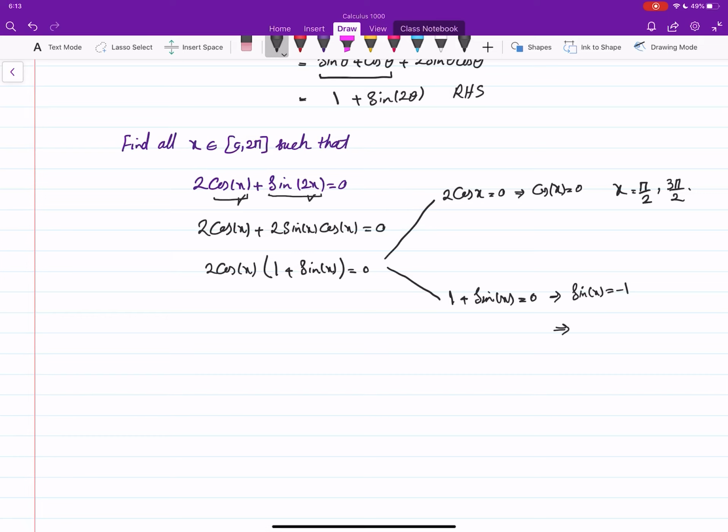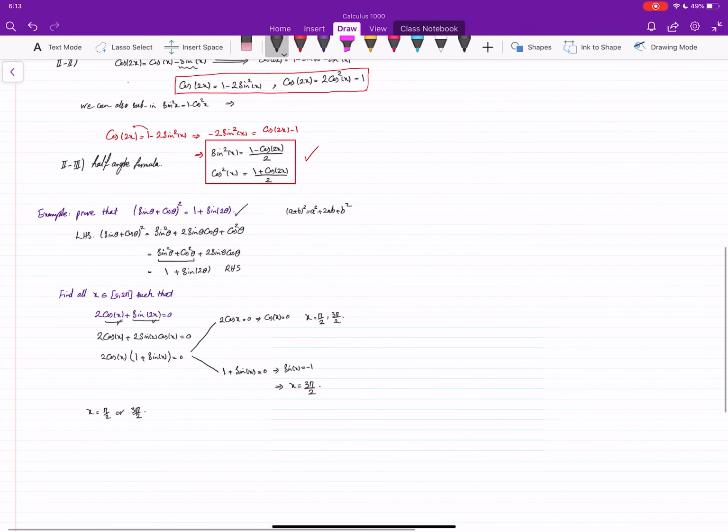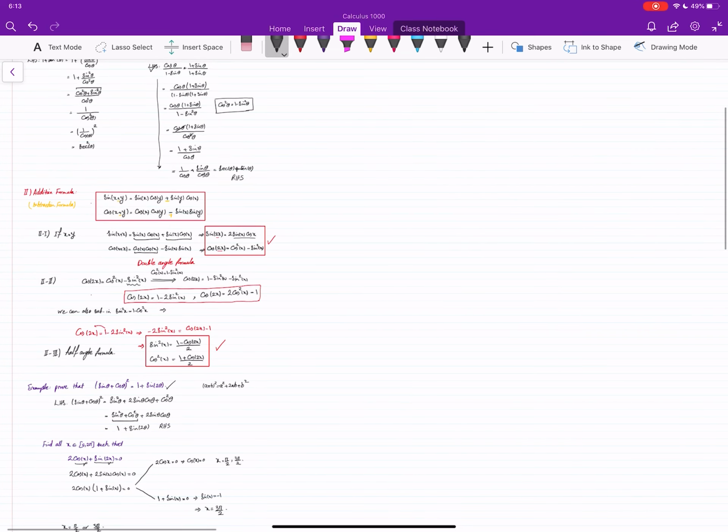Well, there is one in the interval 0 to 2 pi. This is 3 pi over 2. And that's the only one which gives us sine -1. So as a result, x can be either pi over 2 or 3 pi over 2.